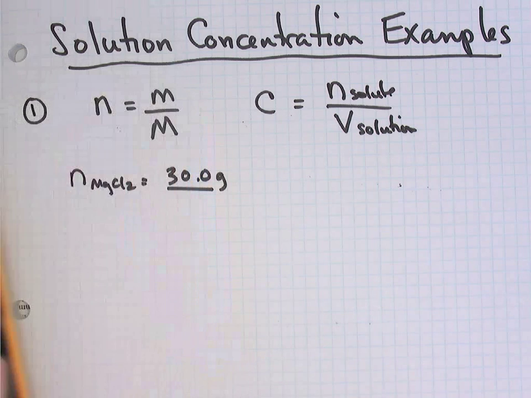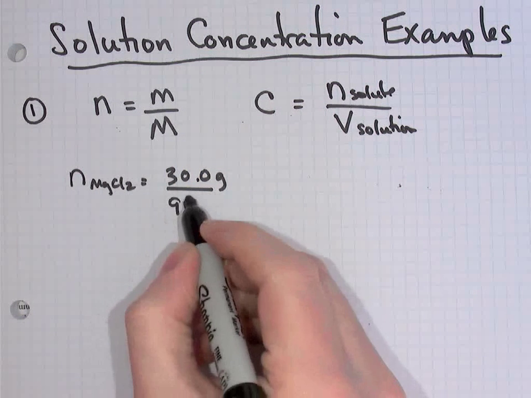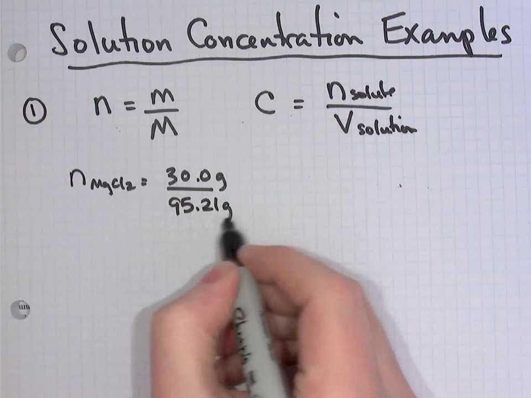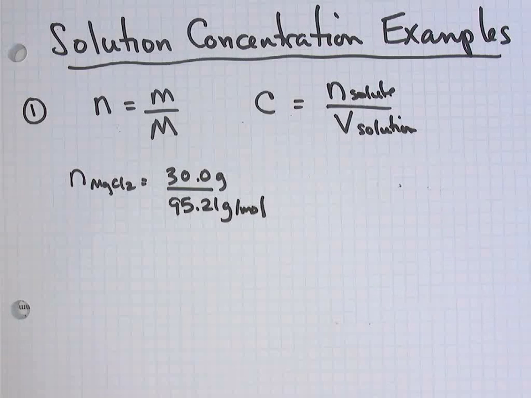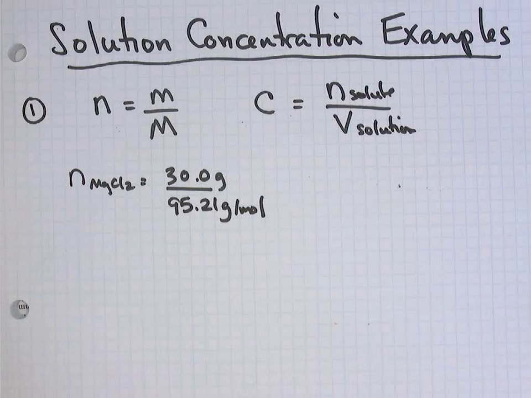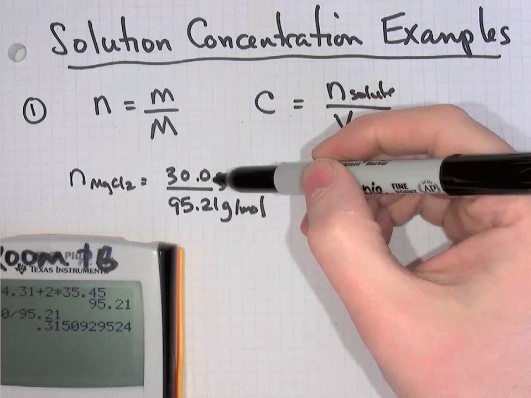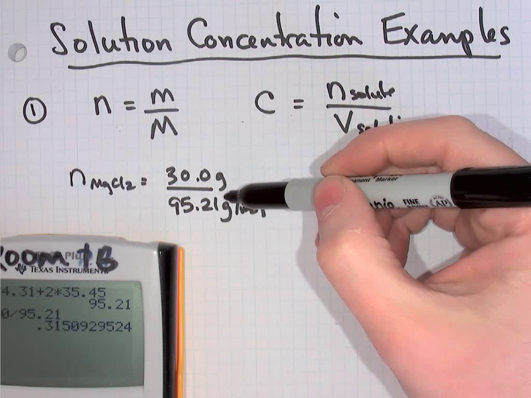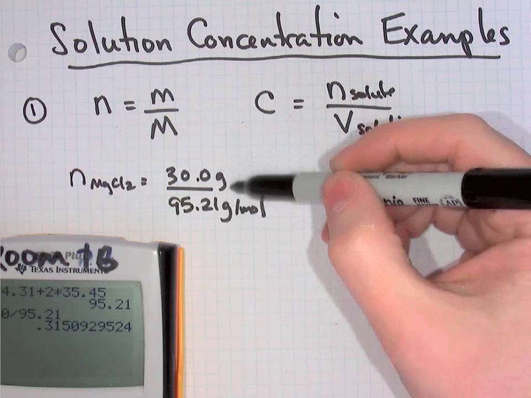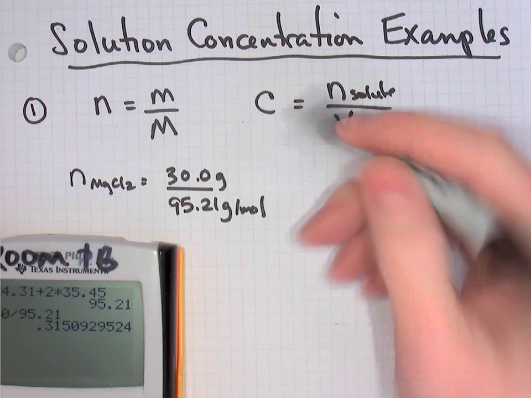So we have 95.21 grams per mole as the molar mass. With significant digits, there's 3 digits here in the numerator, 30.0, and there's 4 digits on the bottom, so when you're dividing, we keep the smaller number of significant digits.